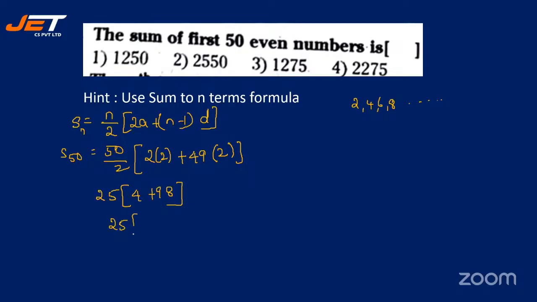So 25 into 98, 99, 100, 101, 102. Just quickly multiply, and we need to know the answers for this. So 102 into 25 will give 2550. So it should be option 2.